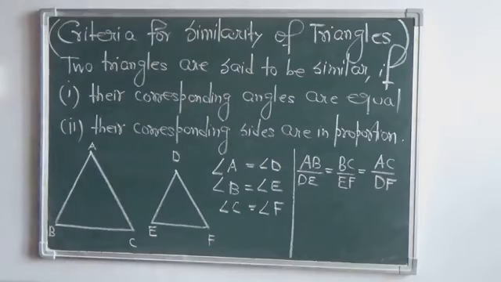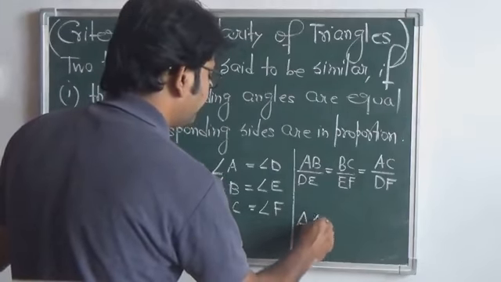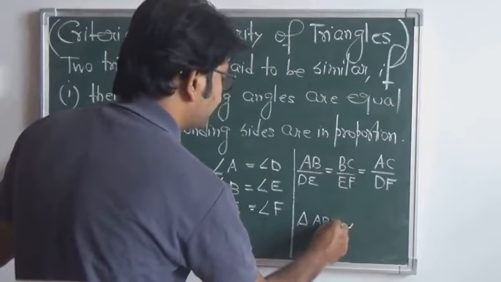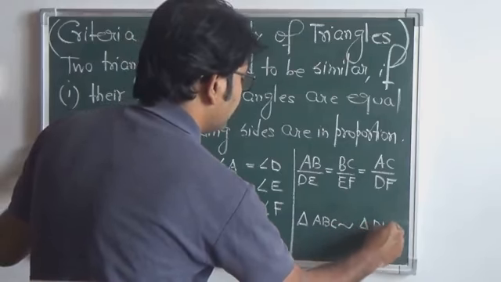So these are the two conditions for two triangles to be similar. If they are similar, then their corresponding angles are equal and their corresponding sides are proportional. The way to write it is triangle ABC, similarity symbol is this one, is similar to triangle DEF.